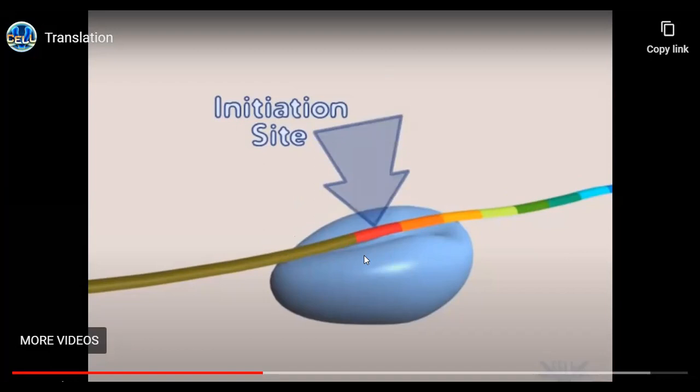These letters come from the bases A, C, G, and U, which are on the RNA. We don't have T here. A, C, G, U. So keep in mind, a word in our language is equal to a codon in the gene language.